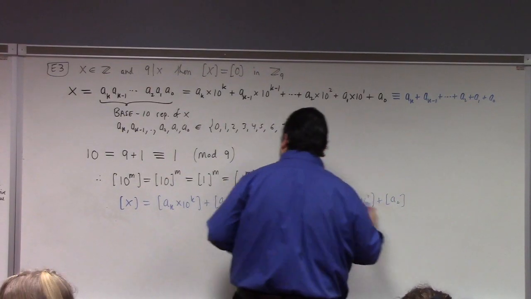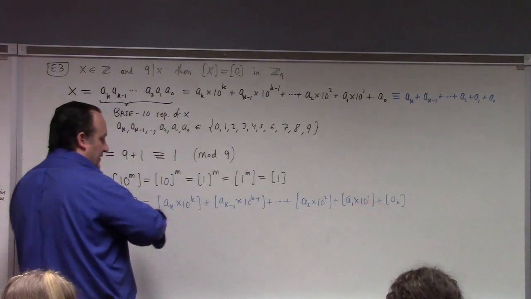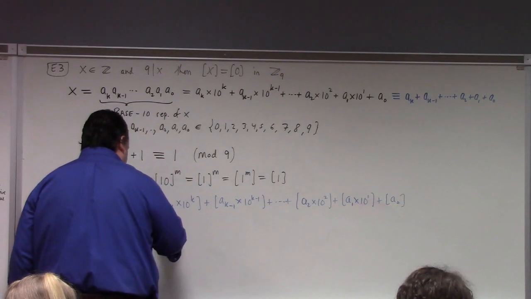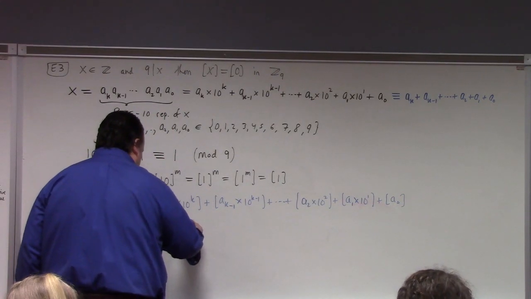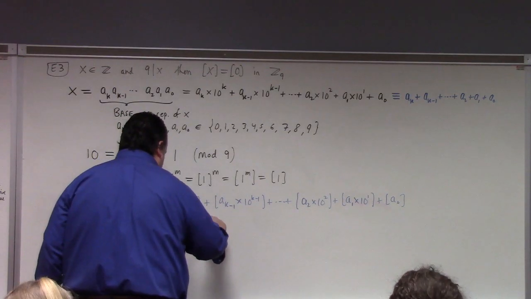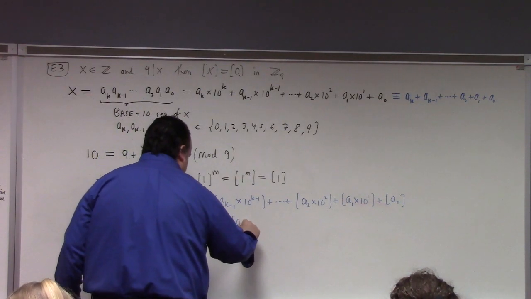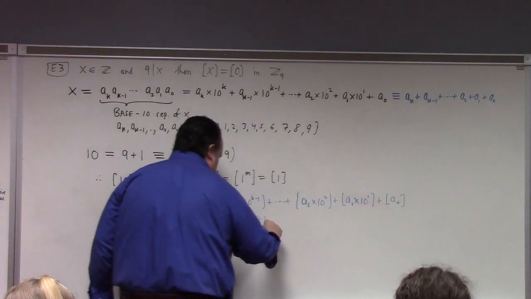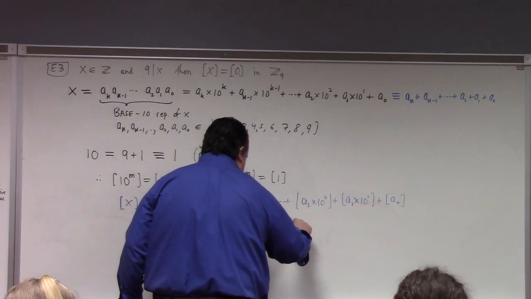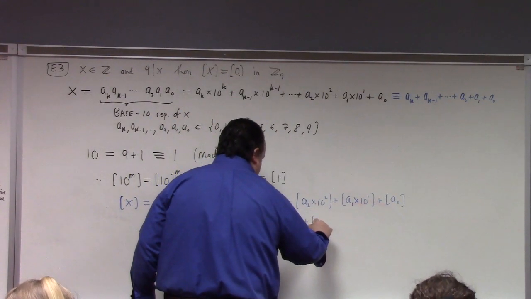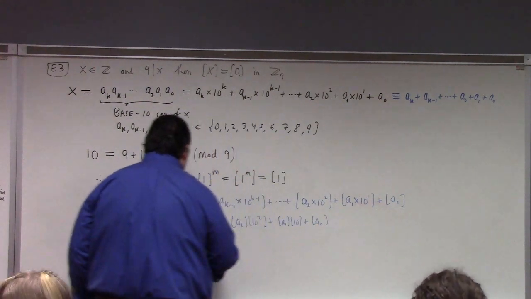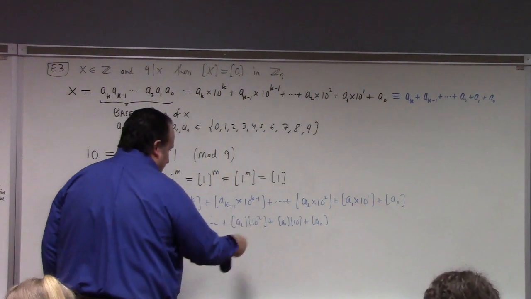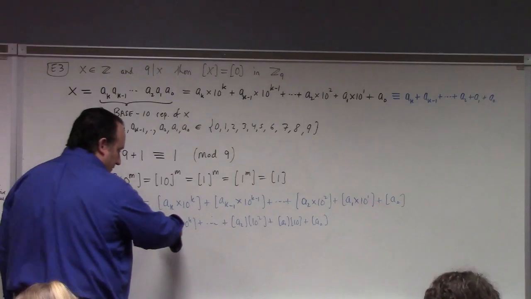Right, so this is just the definition of addition, then the definition of multiplication, and then of course all of the congruence classes 10 to the power whatever, those are just 1.